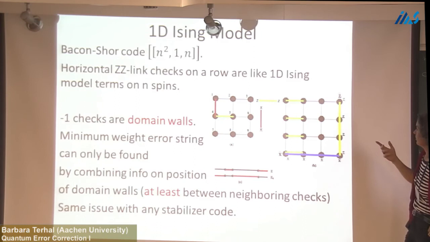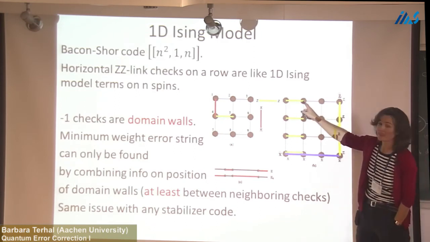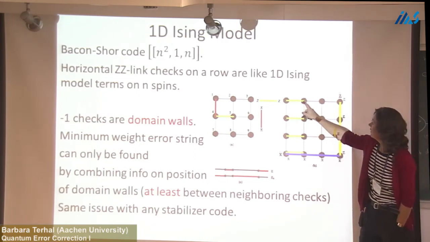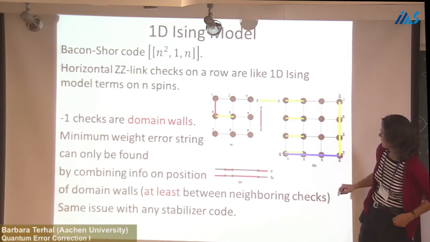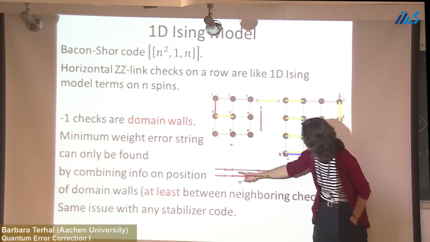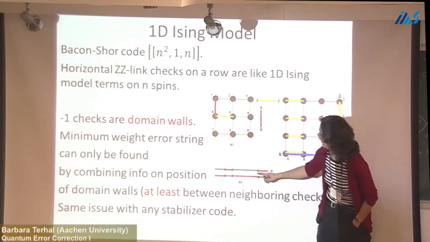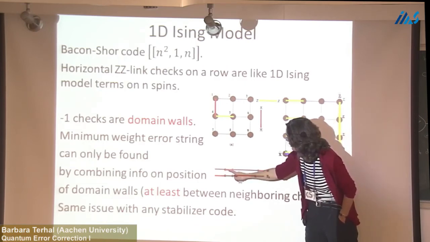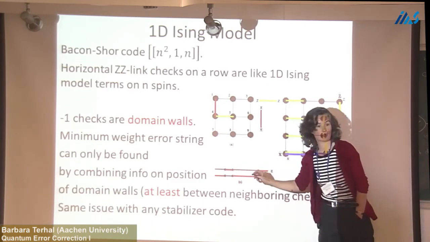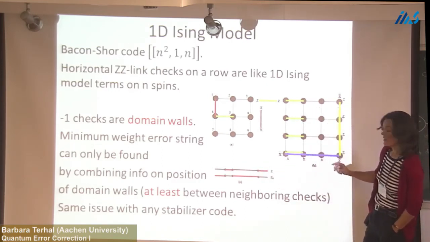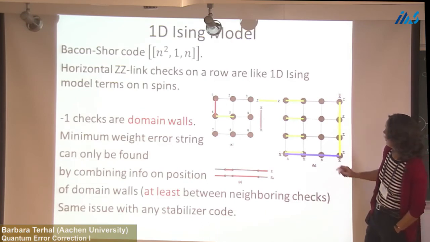Why are they like domain walls? If an X error occurs here, then those two checks will be -1. So I could look at this line, and I draw these dots where the syndromes are -1. The possible errors are in between.